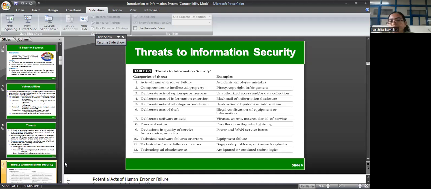Compromises to intellectual property, such as privacy and copyright attacks. Deliberate acts of unauthorized access, deliberate acts of theft, forces of nature, equipment failures, and technical issues. So all these are the categories of threats, and these are the listed examples which support these categories of threat.